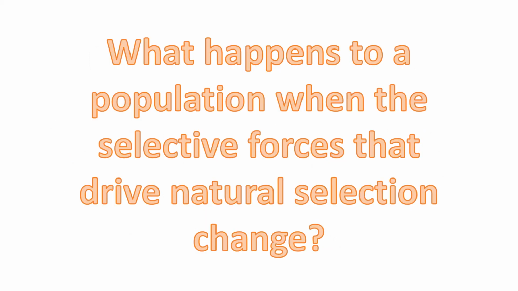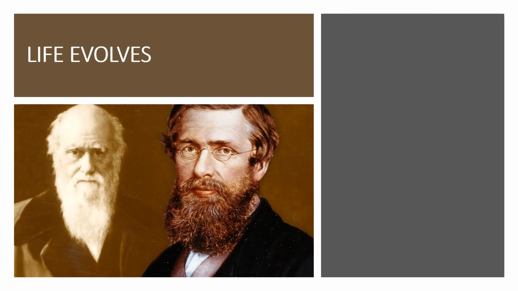Now, the environment is constantly changing, right? The continents shift, the sea levels rise and fall, climates become warm, sometimes cool. Now the question is, what happens to a population when the selective forces that drive natural selection change? Only some organisms survive, those with the best traits in the new environment.